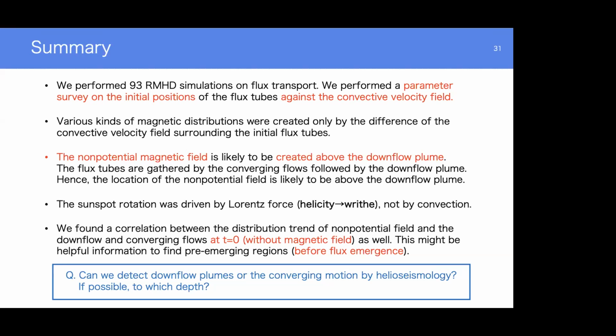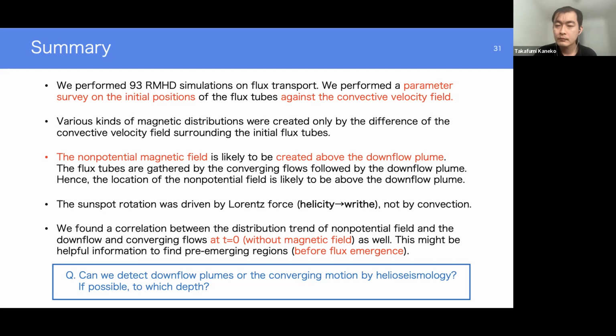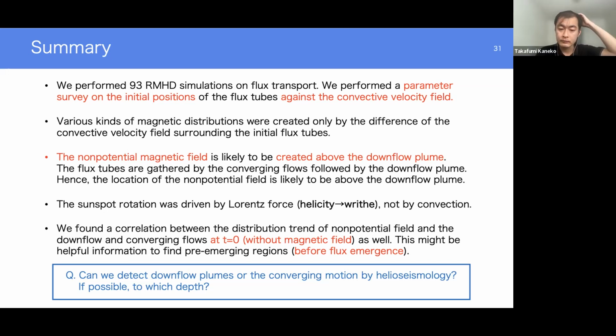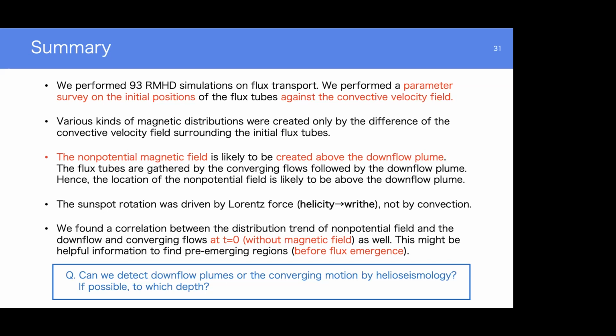For example, the supergranulation has a lifetime of about 20 to 30 hours. So I'm not sure how the change of these convective structures during the time of the emergence affects your simulation of magnetic emergence.